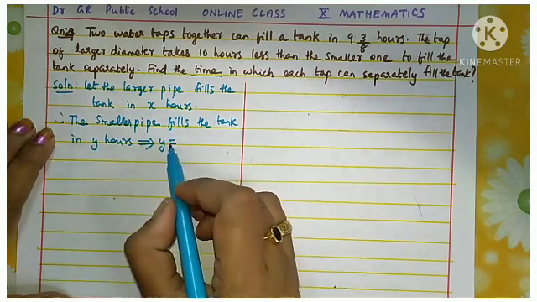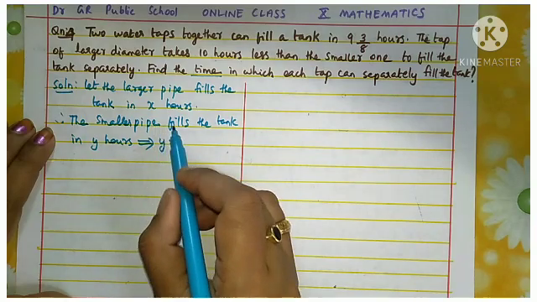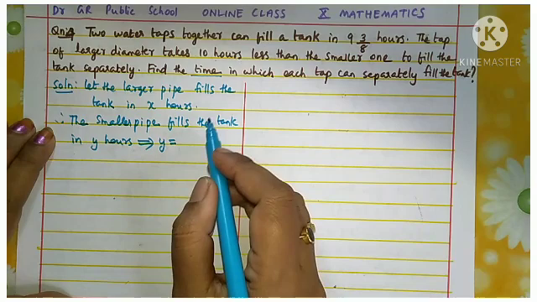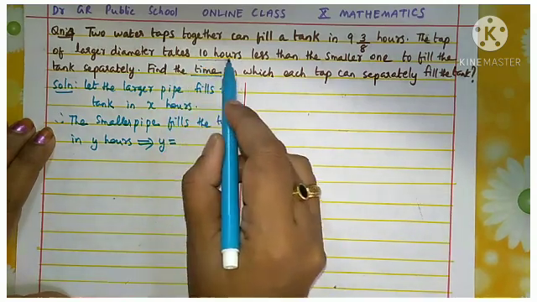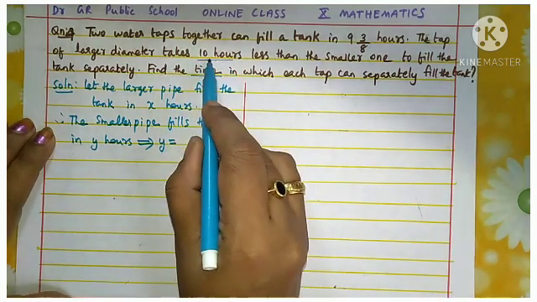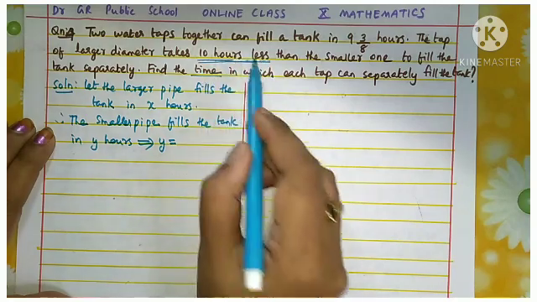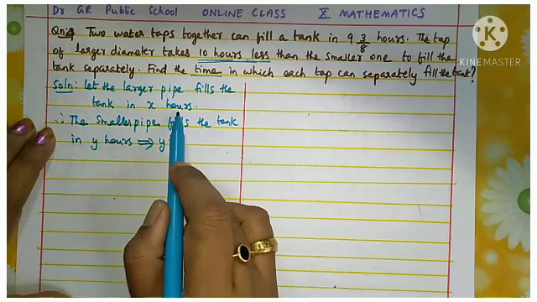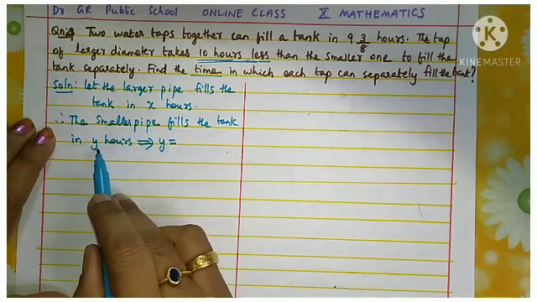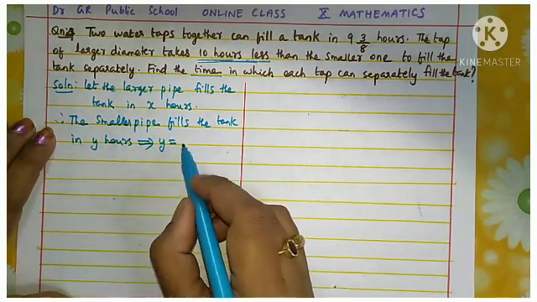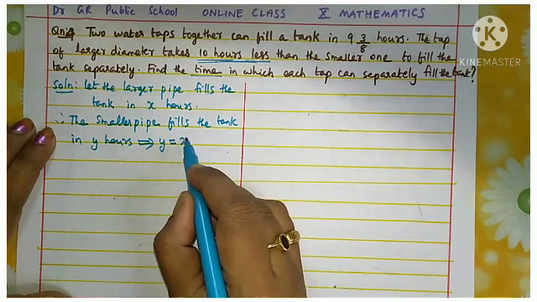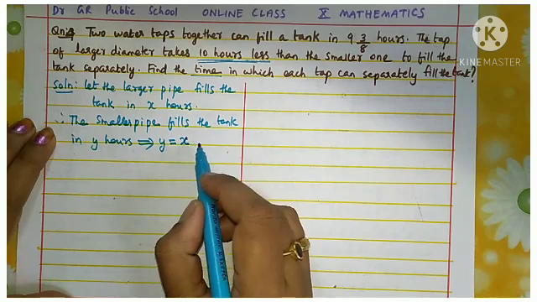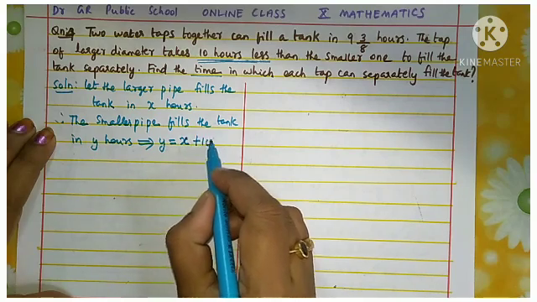you see, the smaller pipe is taking 10 hours more compared to the larger pipe, as given here, or you can say the larger pipe is taking 10 hours less. So when we have assumed the larger pipe fills the tank in x hours, the smaller pipe, that is y hours, is equal to x plus 10.